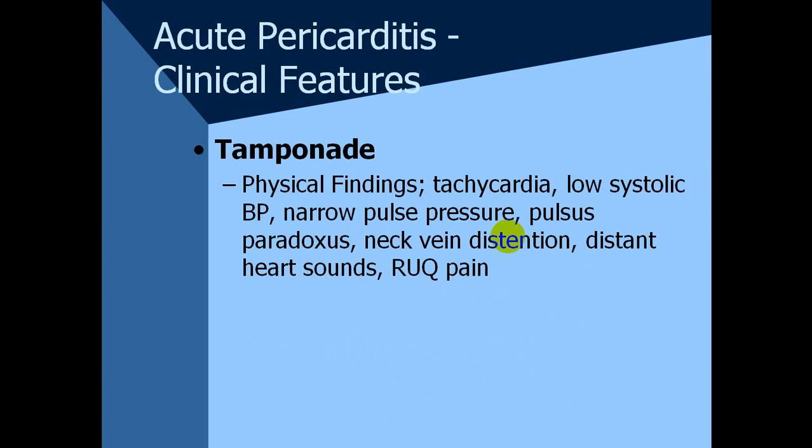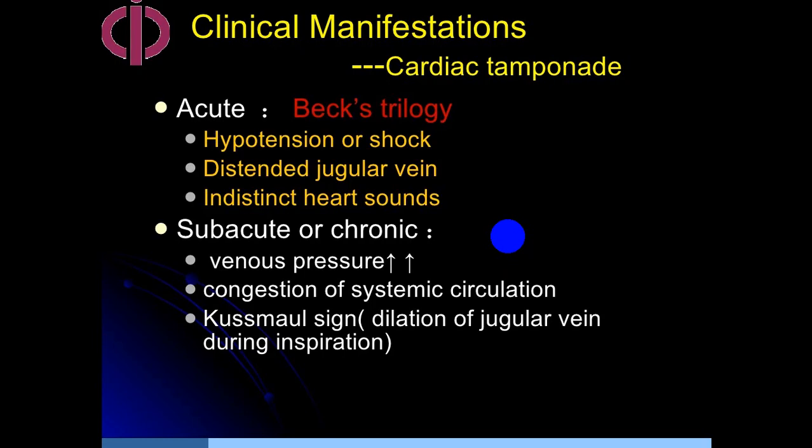Physical findings are tachycardia, low systolic pressure, narrow pulse pressure, pulsus paradoxus, neck vein distension, distant heart sounds, and right upper quadrant abdominal pain. In acute pericardial tamponade, there is Beck's triad: hypotension or shock, distended jugular veins, and indistinct, distant, muffled heart sounds.